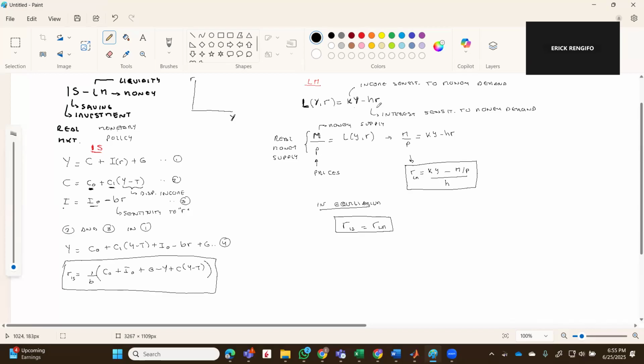Makes sense to you guys? And the monetary side of the equation is simply, I need money. People need money to trade, to transact, to save, etc. So the requirement of money depends on two things. It depends on how much money you are producing, you are making, you are generating. So the more you produce, the more money you need. So that's why it's positive.